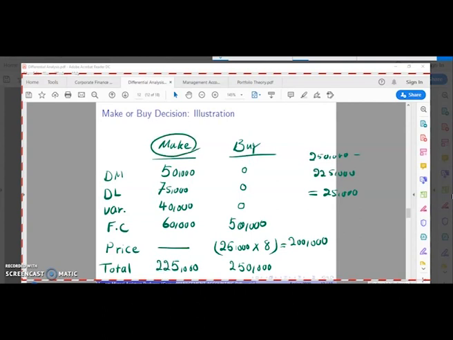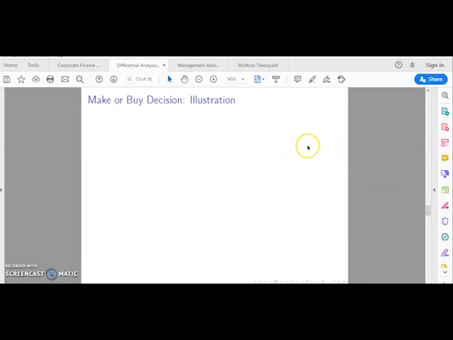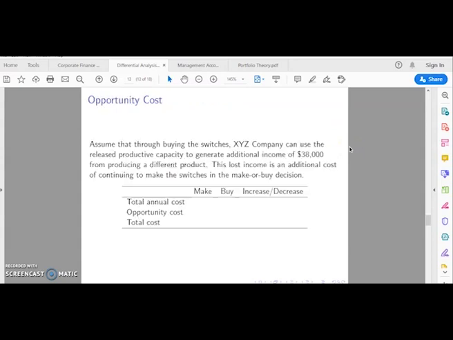This gives me exactly a different decision compared to the first impression that I got from the price of $8 per unit and the manufacturing cost per unit of $9. So in this case I'm going to make the product myself, which is more profitable for the company.